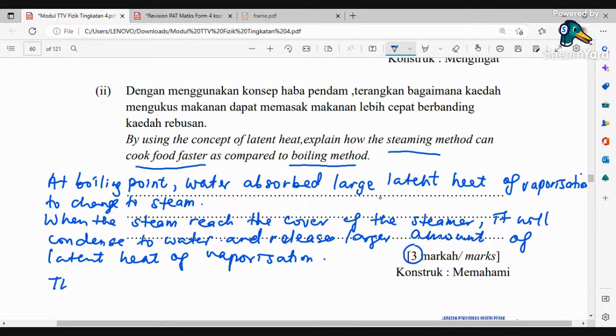The amount of heat release is much larger compared to heat supplied during boiling.